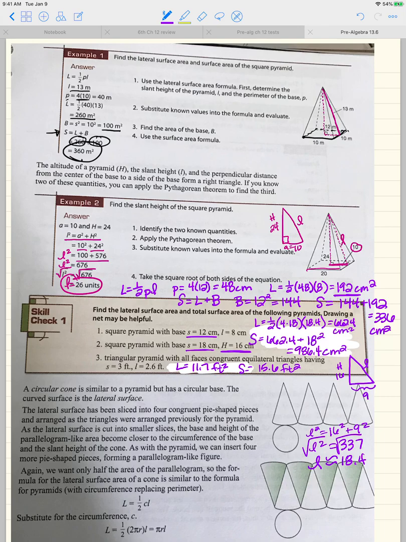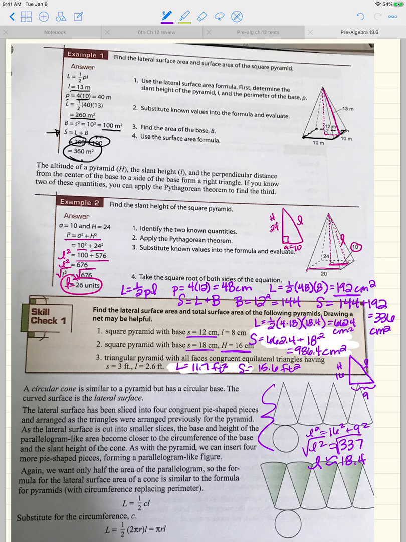Now, a circular cone is similar to a pyramid, but has a circular base. The curved surface is called the lateral surface. The lateral surface has been sliced into 4 congruent pie-shaped pieces and arranged as the triangles were arranged previously for the pyramid. That's right here.